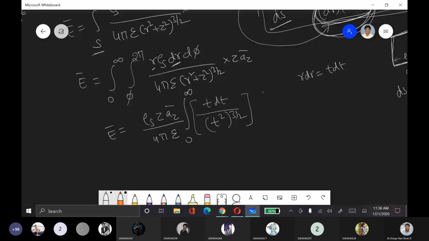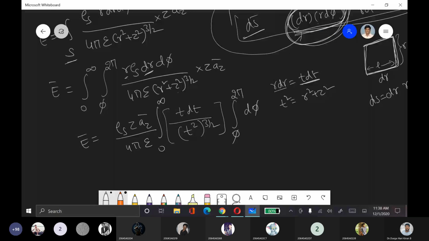I hope people remember that r dr is t dt, and t square is equal to r square plus z square. I substituted r square plus z square as t square, and for r dr I have kept t dt.